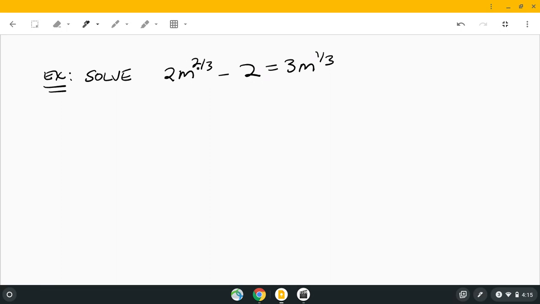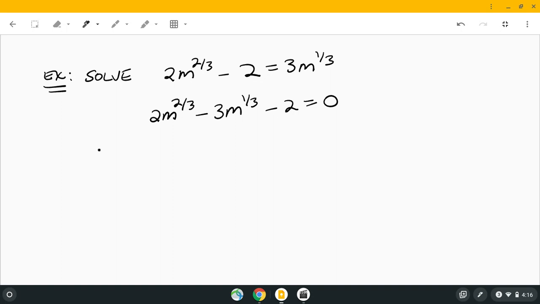So this will be my leading term, and then this will go next, and then minus 2. So 2m to the 2/3 minus 3m to the 1/3 minus 2 equals 0. Set it equal to 0.